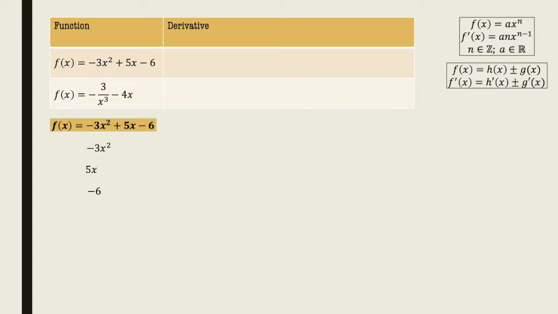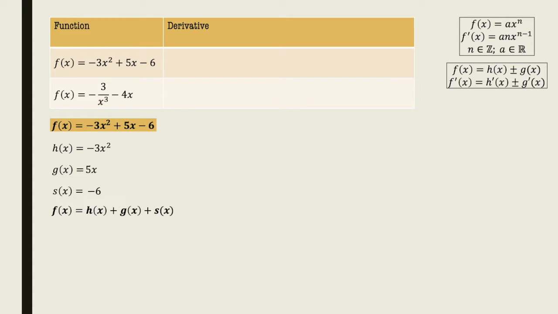Additionally, let us pretend these are all independent functions and give them appropriate names. h of x will be negative 3x squared, g of x will be 5x, and s of x will be negative 6. We may now redefine our original function f of x as a combination or sum of the three smaller functions.